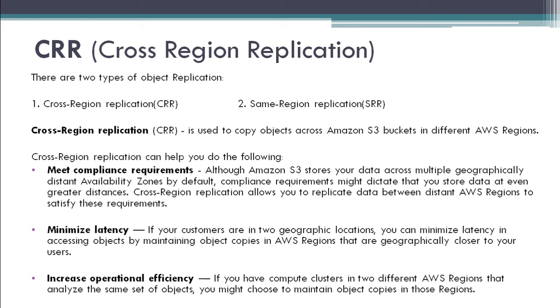You can replicate your data from one region to another with the help of CRR, and your cluster will get a copy of the data in the same region where it is executing. So your operational efficiency will increase with the help of CRR. These are the use cases of cross-region replication.